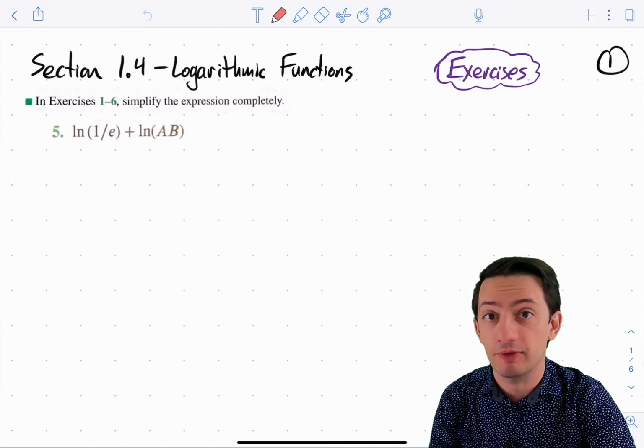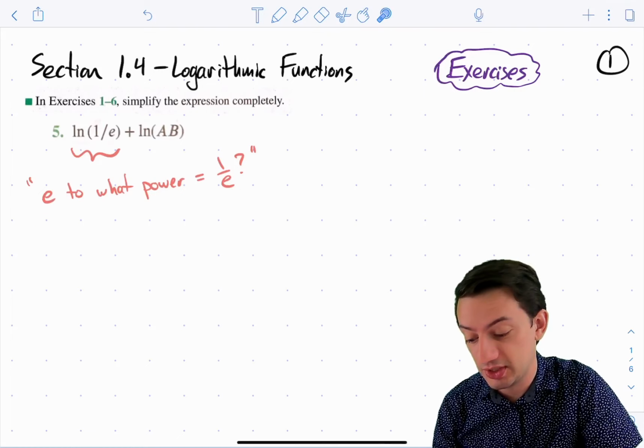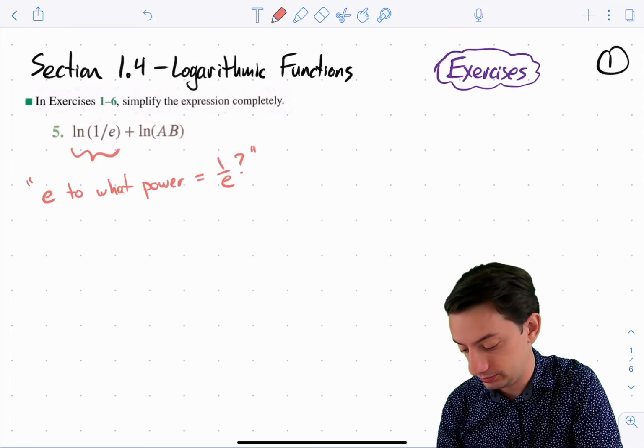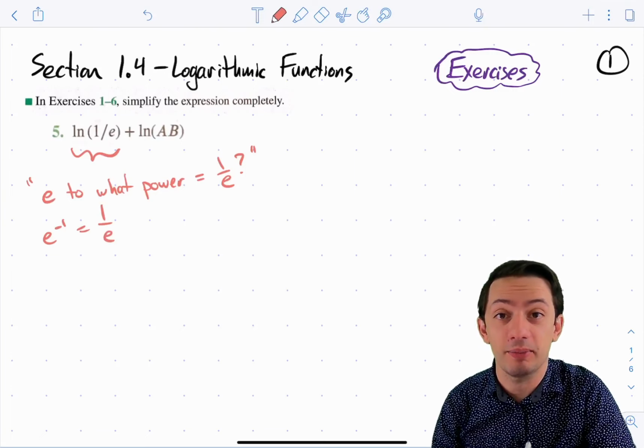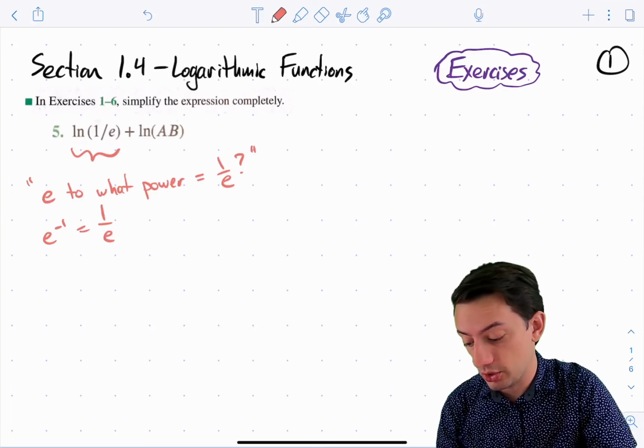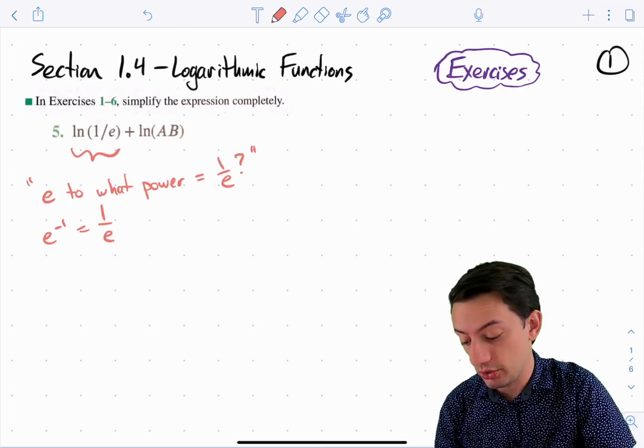Whatever the answer to that question is, that's what that quantity is. It's the thing that if you raise e to that thing, you get 1 over e. Well, of course, how do we get 1 over e by raising e to a power? It's just e to the negative 1. Raising anything to the negative 1 power just takes the reciprocal. So this part here, this natural log of 1 over e, that's just a negative 1.